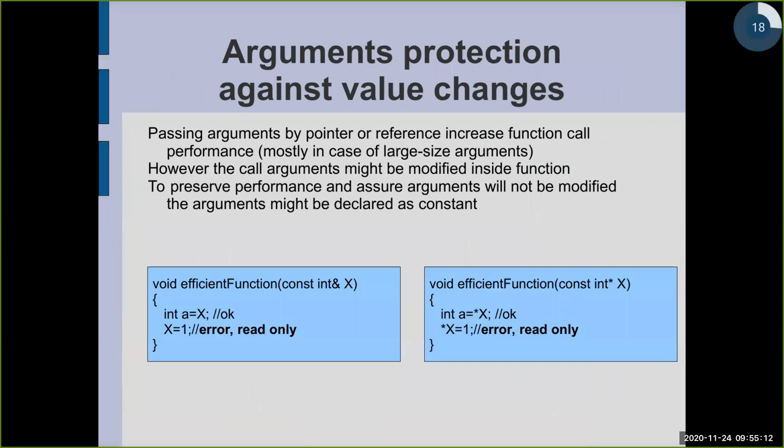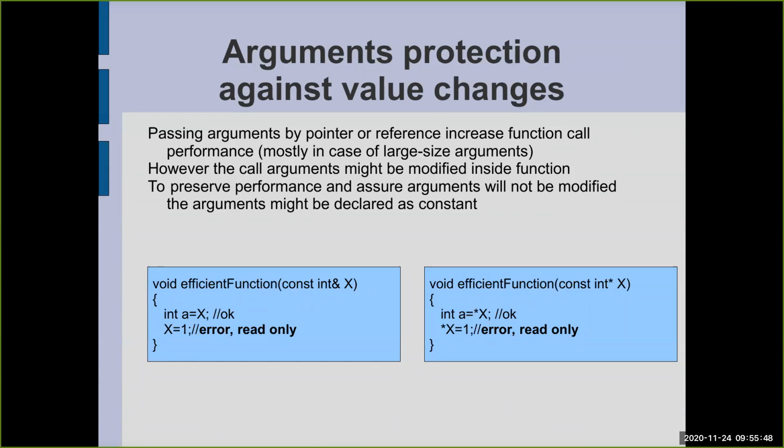So now I'd like to tell you something about this. In C++, we can declare an argument as a const reference. The const means that the argument is read only. We can read its value, but we can't modify it.